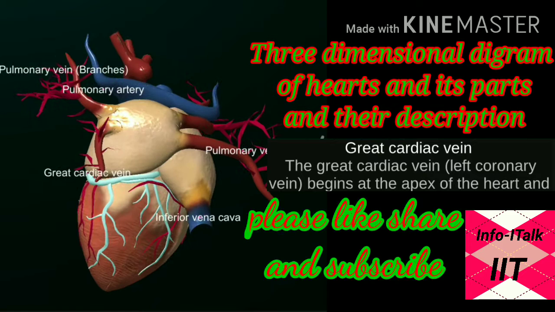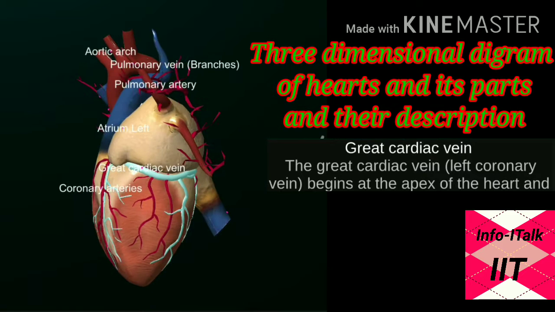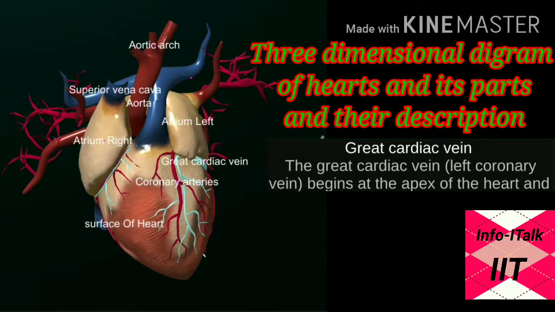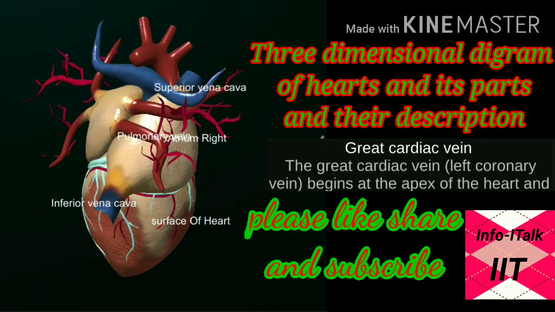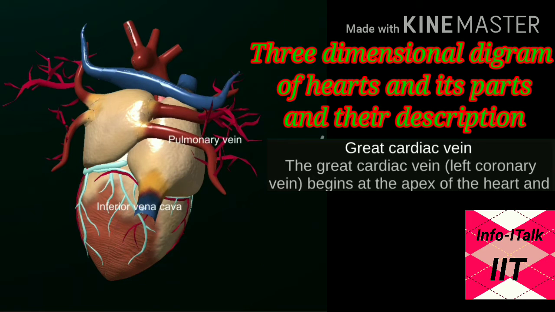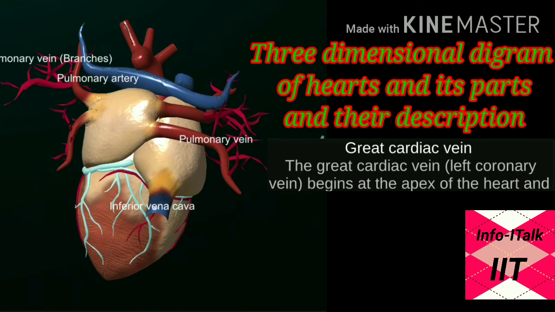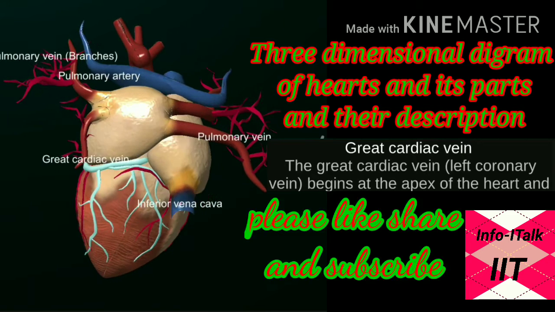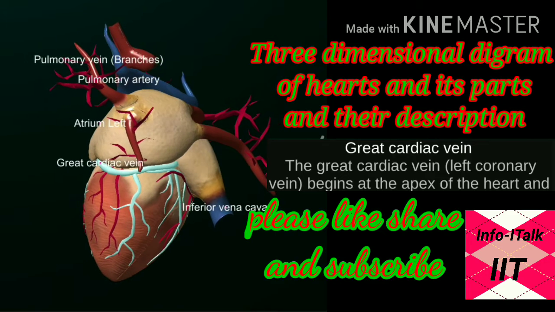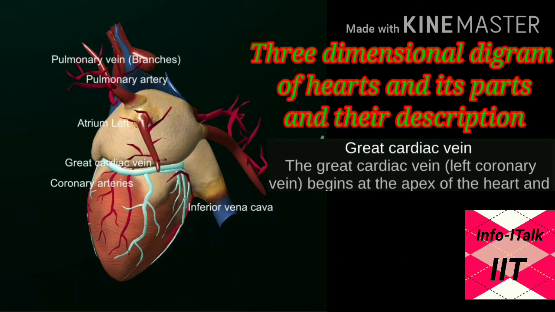These veins are all around the surface of the heart. You see clearly here. These start from here and go around onto this vena cava, inferior vena cava, and then start from here and go to here, and these are its branches.